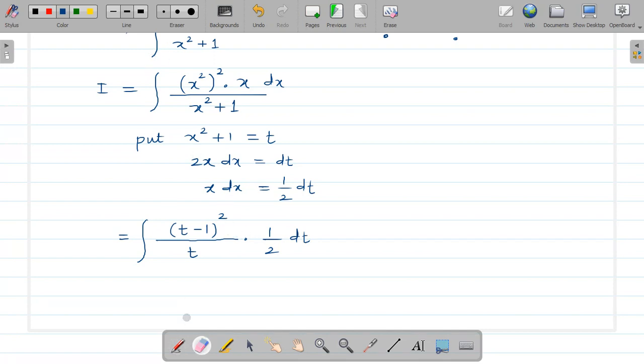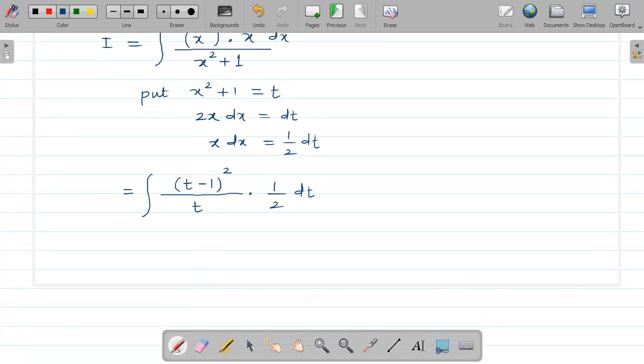See this carefully after the substitution. Now to evaluate the integration, you take 1 by 2 outside of the integration. Now we have to evaluate the integration of t minus 1 bracket square upon t. Now expand this. So t square minus 2t plus 1 upon t dt.